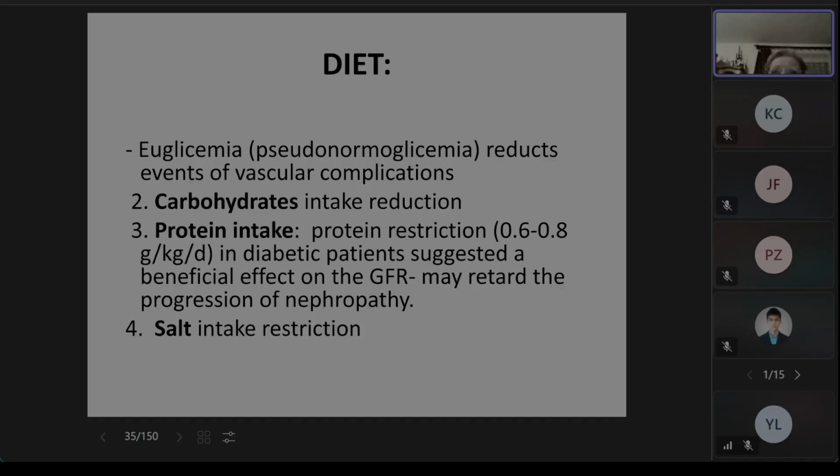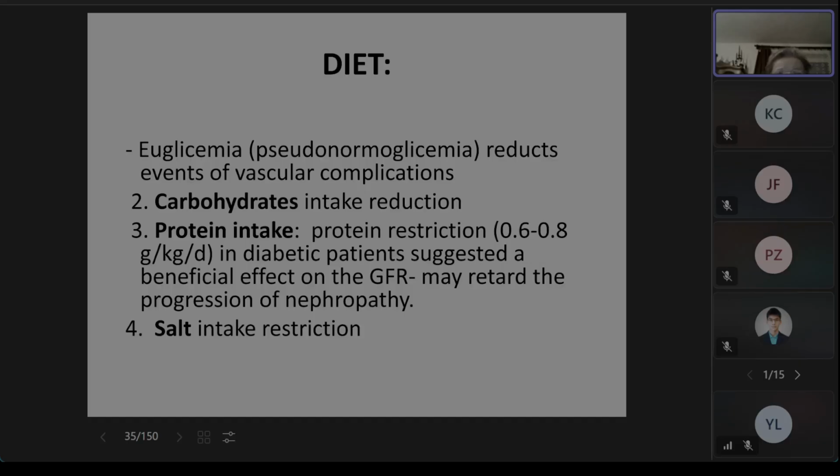rules given to us by the MDRD group, because as you know, this formula MDRD gets its name from the group MDRD, and that means Modification of Diet in Renal Disease group.